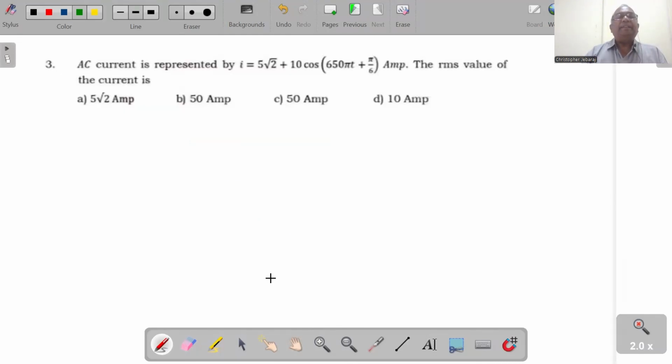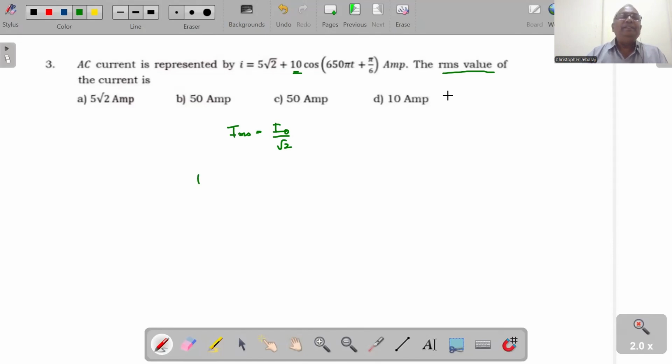AC current is represented by 5 root 2 plus 10 cos 650 pi t plus pi by 6 ampere. Find the RMS value of current. Here we want to find IRMS. The general formula is I0 by root 2. Whereas here, there is a constant term, which can be called DC current.